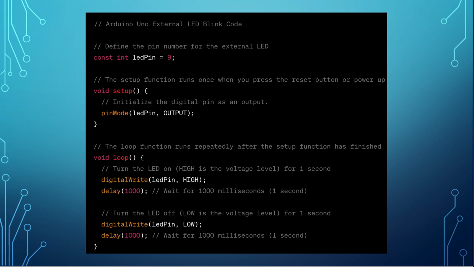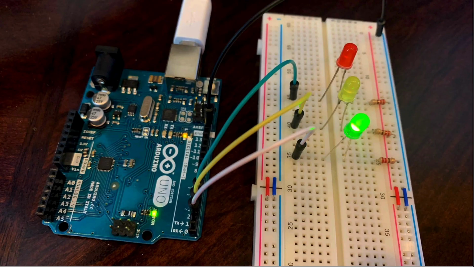So if we can delay each one, first the red, then the amber, then the green, and make them work in a frequency, aren't we able to make a traffic light? Yes, we are able to make a traffic light. So this is a simple example of a traffic light functioning, right?